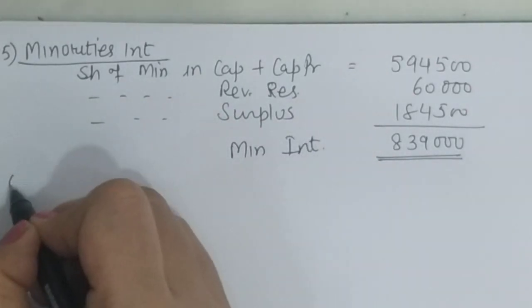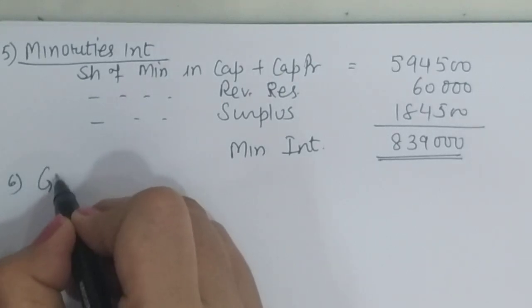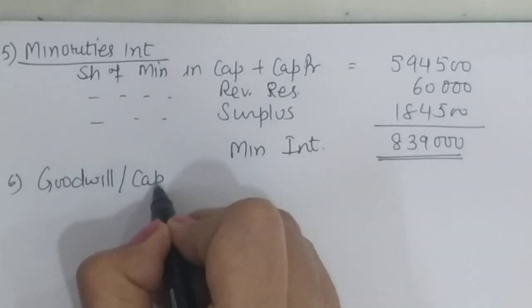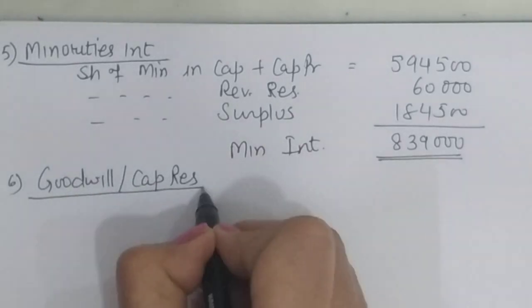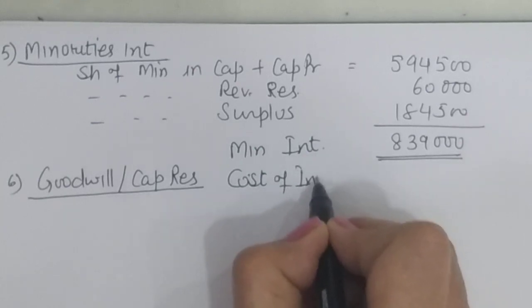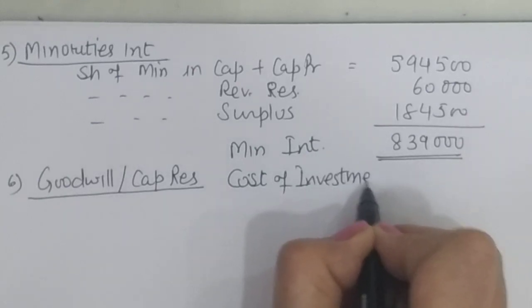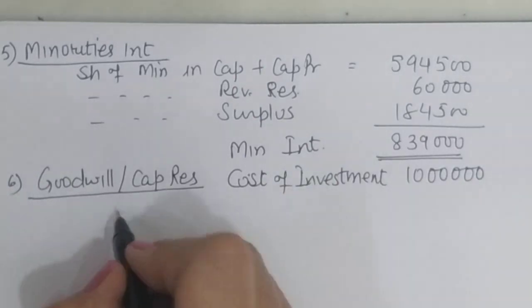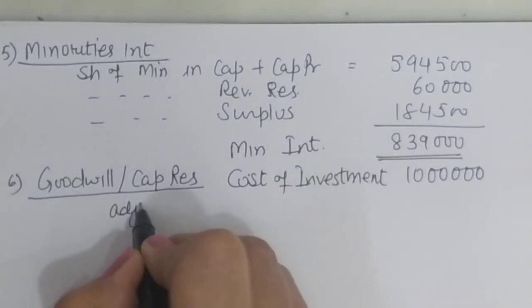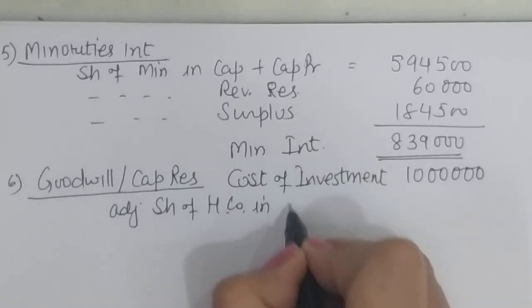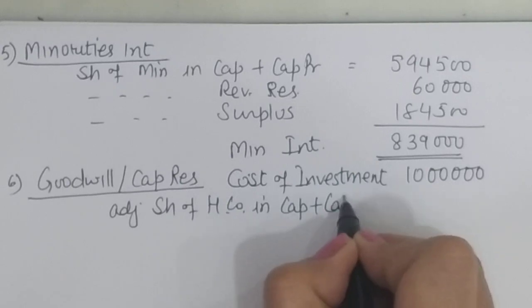Next is calculation of goodwill or cost of control. So goodwill, cost of control or capital reserve will be calculated here by comparing the cost of investment by the holding company into the shares of the subsidiary company, that is 10 lakh. This is to be compared with the share of the holding company in the capital and capital profits of the subsidiary company.